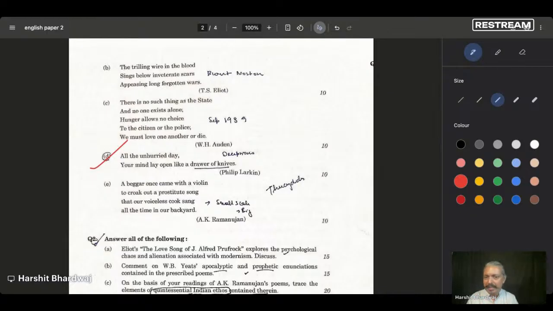They've given you these 2 lines, or these 4 lines, or 5 lines as a pointer to what aspect of that theme they want you to discuss. Okay, so these lines are a pointer for you. They're the hint. So this is about the state of mind of the victim that Larkin's talking about.